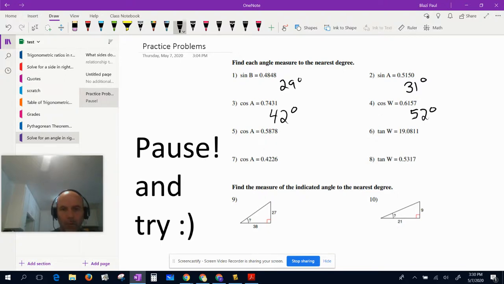Cosine of A equals 0.5878. It's 54 degrees. Tangent, this is 87 degrees. Cosine of A, 0.4226. 65 degrees. Yeah, these are all exact. Tangent of W, 0.5317. 28 degrees.